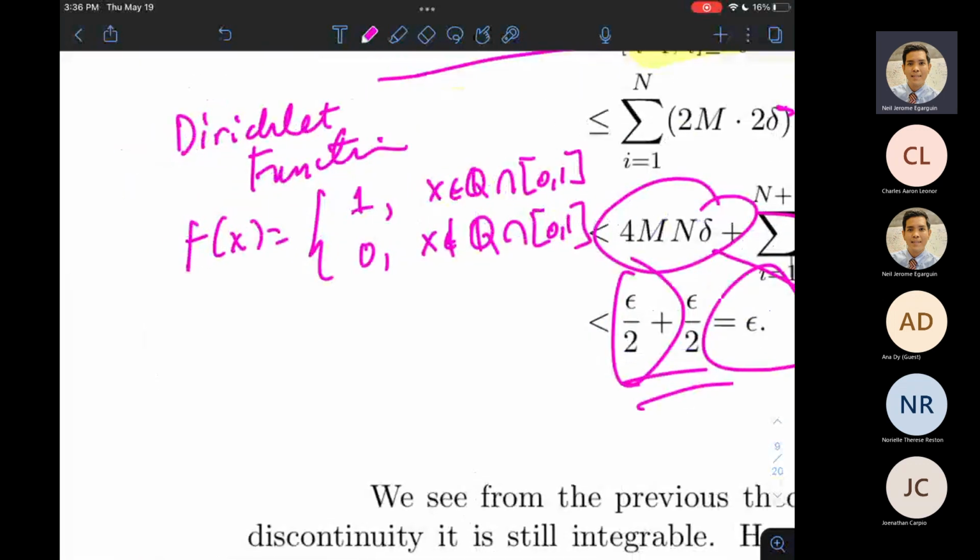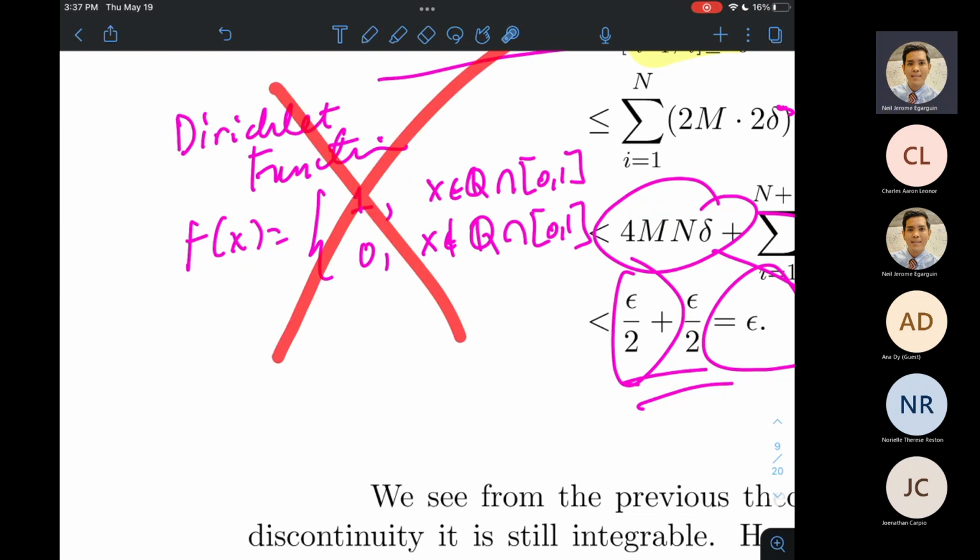Kasi si theorem 5.3, kaya niya lang i-guarantee ng isang function ay Riemann integrability kapag finite lamang yung number ng kanyang points of discontinuity. Okay? Now, let's see. Alam natin siya ay hindi integrable, so may limit lamang yung pagiging discontinuous natin.